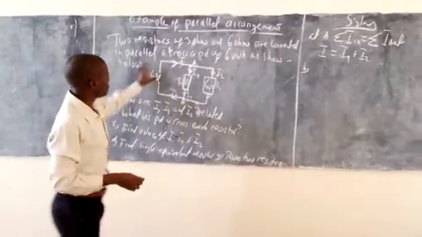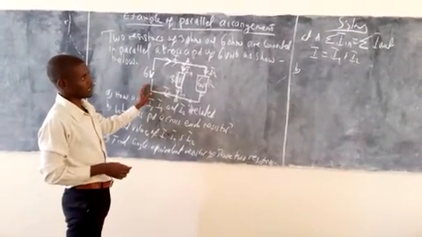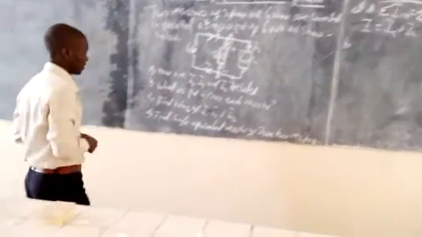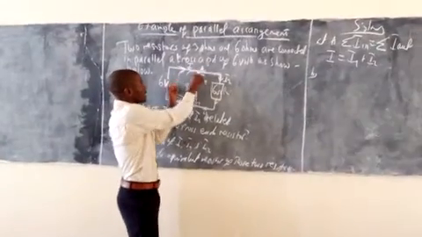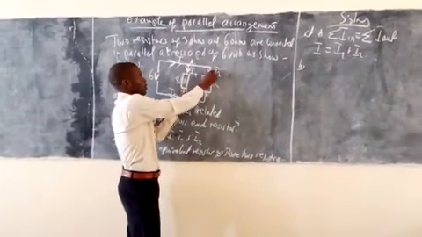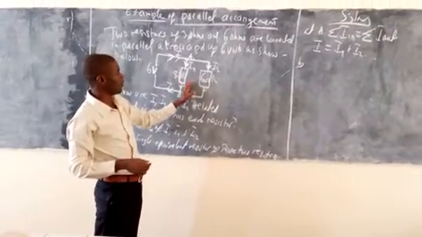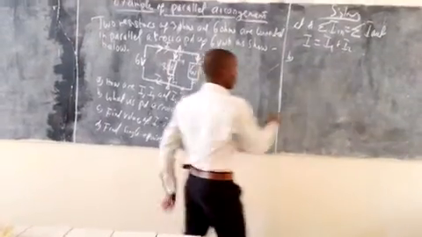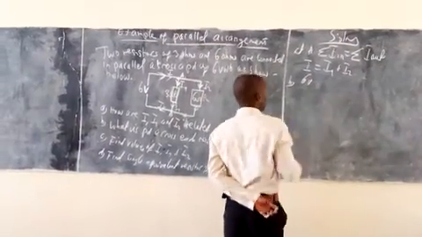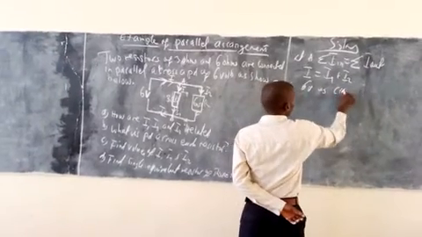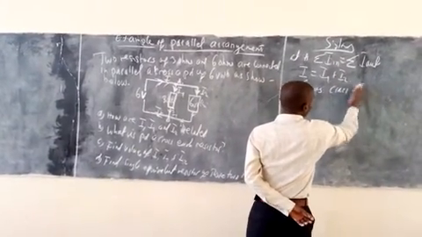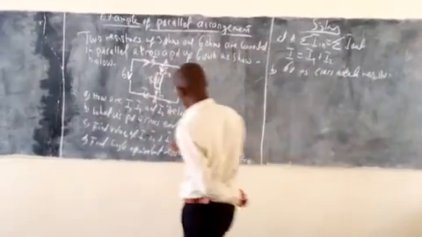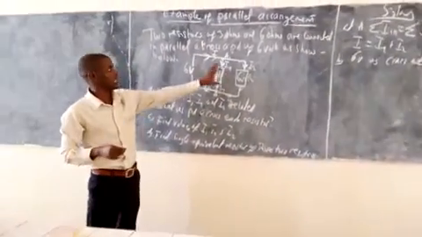Now, let us imagine that this battery has negligible internal resistance. So all the potential difference provided by the battery is across the resistors. We know that if two resistors are arranged in parallel, they have the same potential difference across them. It means 6 volts is across each resistor because they are arranged in parallel.